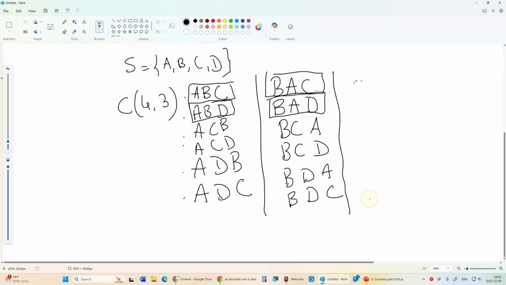That's also the same. So I'm just doing this duplication that I don't need. And on top of that, I will have another duplication, which is when I have CAB, which is the same thing as BAC. So it's not only dividing by 2 that is going to do it.